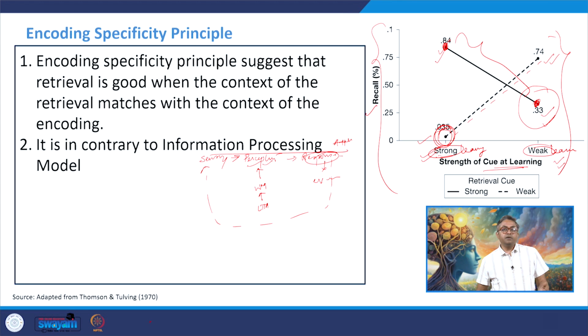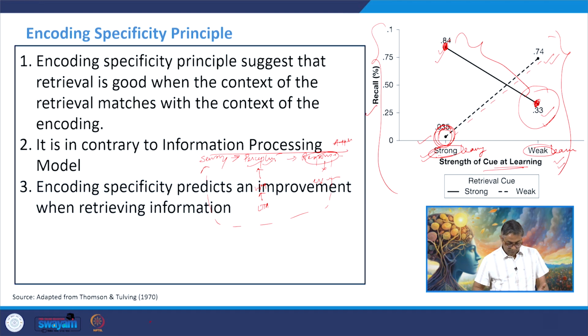There is a stimulus, you sense it, you process it, and you execute. So encoding specificity predicts an improvement when retrieving the information. If there is an improvement, then retrieval of information is better and better.